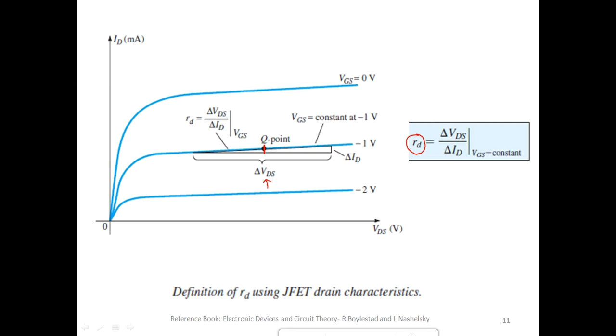Delta VDS is the change in drain to source voltage, a variation. We are focusing on AC analysis, so there is obviously a variation in the applied voltage. Whenever VDS is varied, in what way does ID vary? That change is taken up with respect to this ratio as rd.